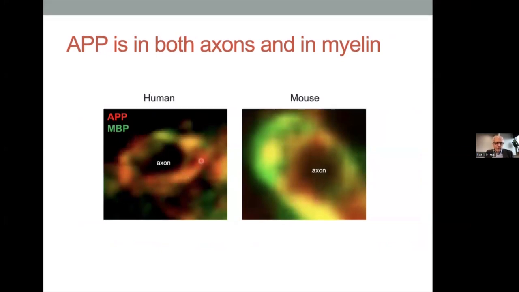And what you can see is that the axon is relatively clear. If you turn up the gain, you can in fact see APP there. But what you notice is that there's a lot of yellow where APP and myelin overlap. And even where they don't quite overlap, the location based on the myelin basic protein staining makes it very clear that it's not in the axon or even in the membrane of the neuron. Rather, it's probably in the myelin.